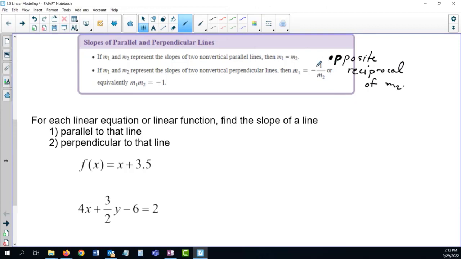Okay, and what does it do? If m sub 2 is just sitting there, its opposite reciprocal is: it's in the numerator, move it to the denominator, and then change the sign out front.